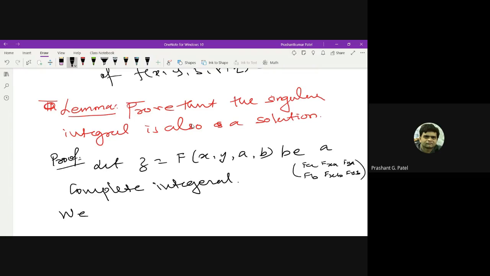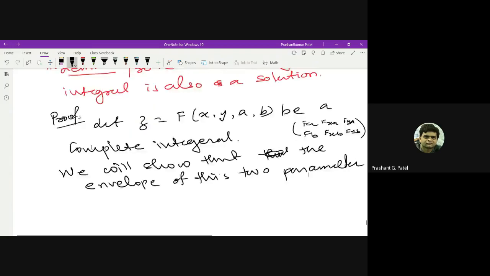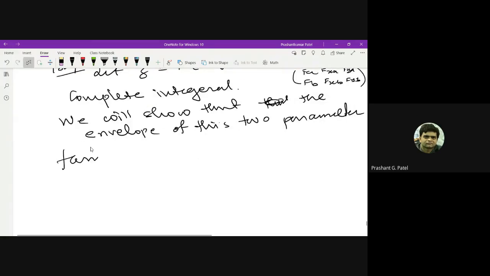and we will show that the envelope of this two parameter family, if it exists, is also a solution.